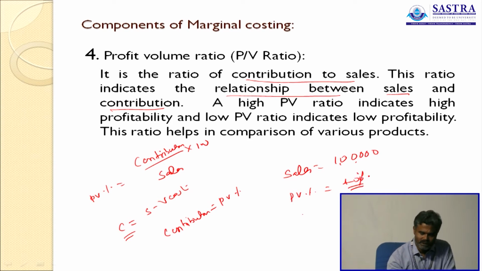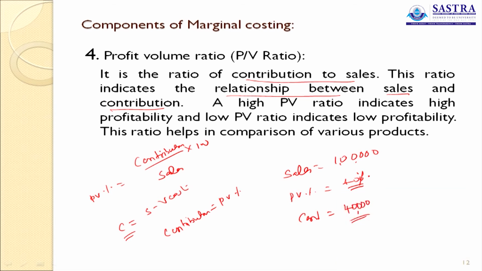So here, what is PV ratio? Contribution to sales is PV ratio. Here PV ratio is 40%, sales is 1 lakh. So, contribution is 40,000.